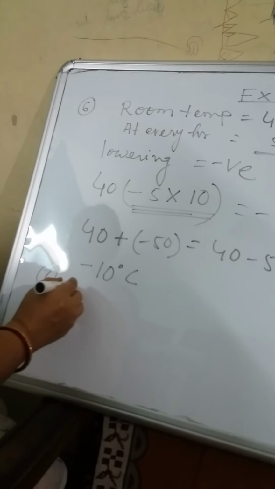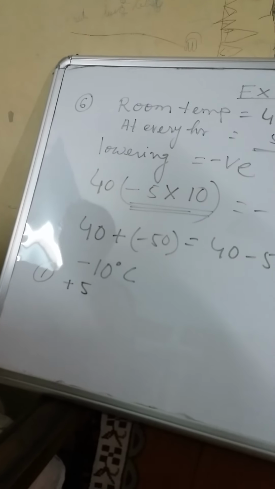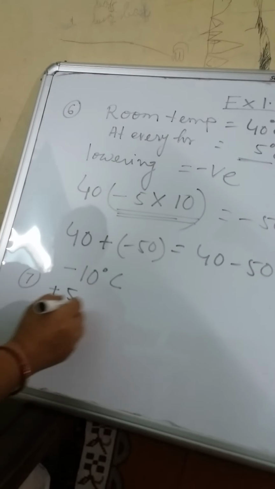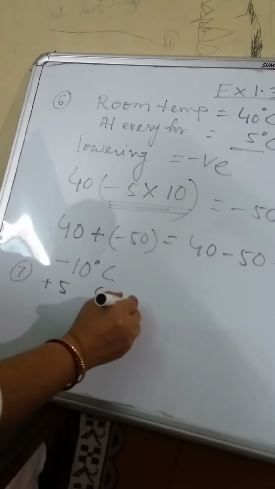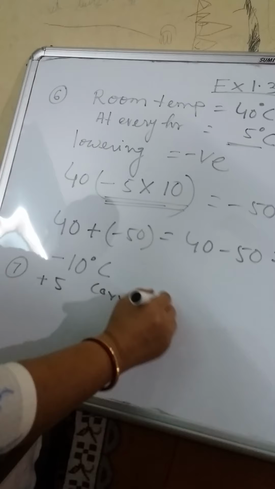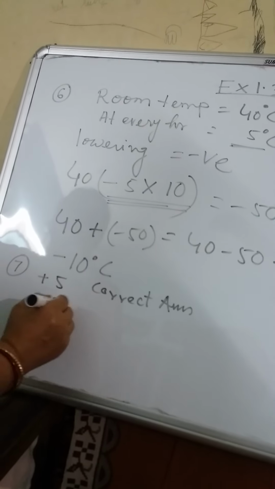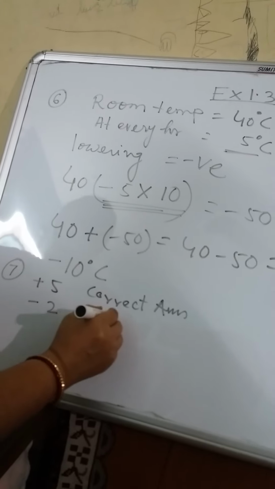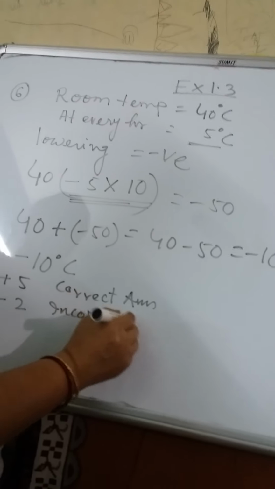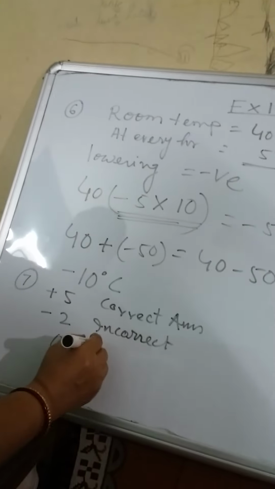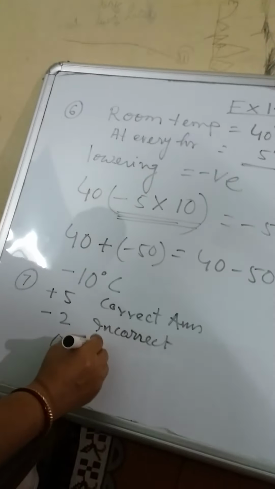That means +5 for every correct answer, okay, and -2 for incorrect answer and 0 for not attempted.